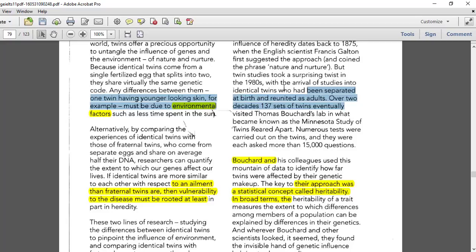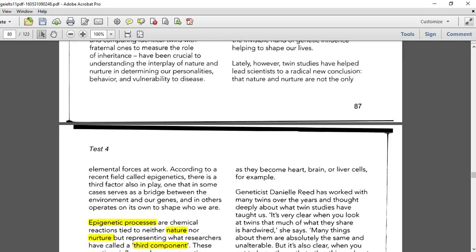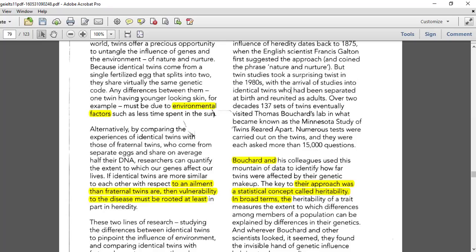Galton. Yes, Galton again. Wait a minute. Twin studies took a surprising twist in the 1980s with the arrival of studies into identical twins who had been separated over 2 decades.